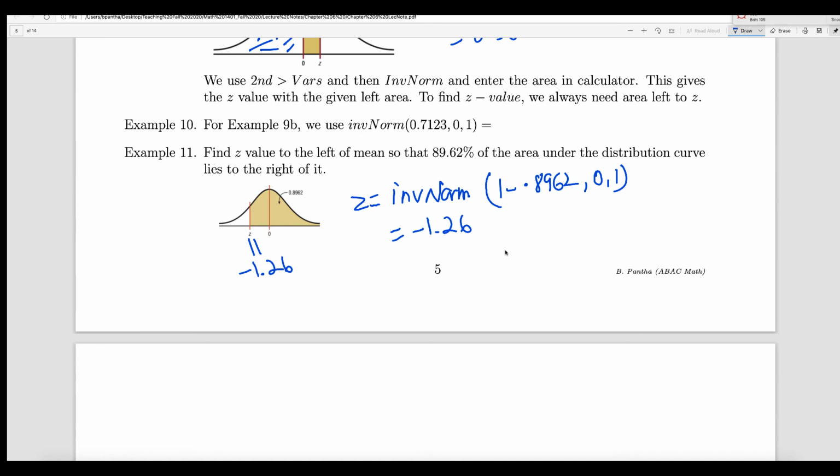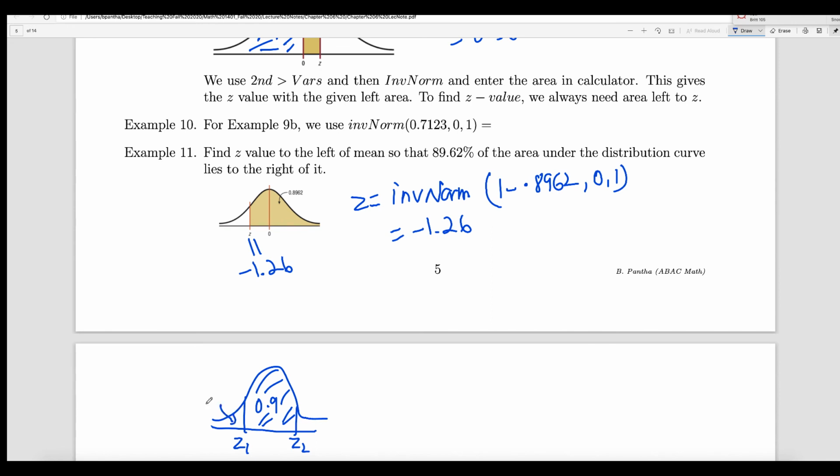Again, sometimes, as I showed you earlier, the middle area will be given, right? For example, what are the 2 G values with the middle area given by 90%? Okay, 0.9. If the middle area is 90%, what will be this G1 and G2? If the middle area is 90%, the outside area is 10%, right?